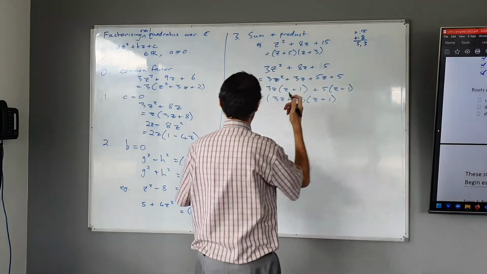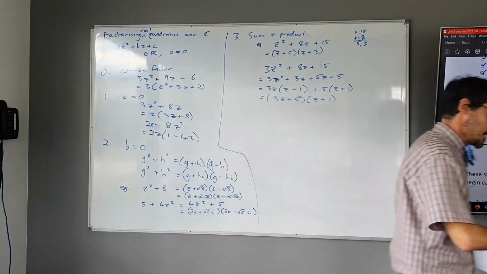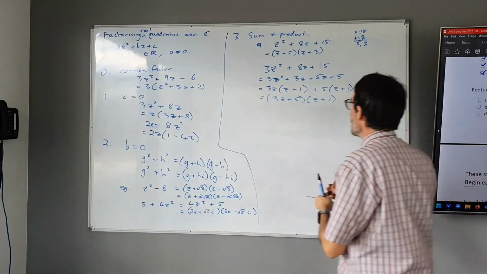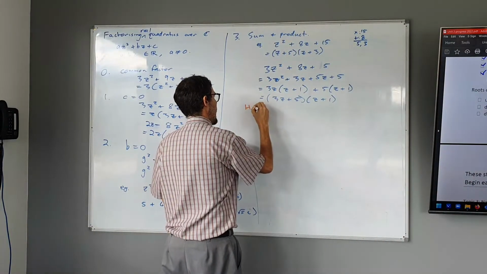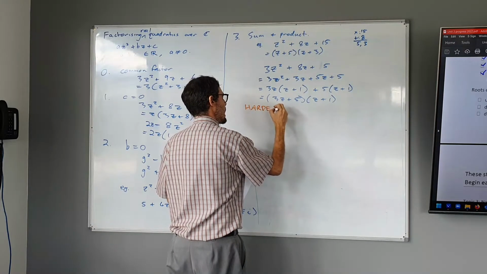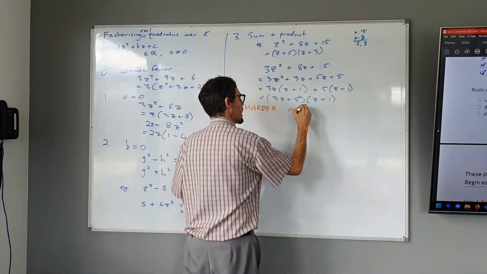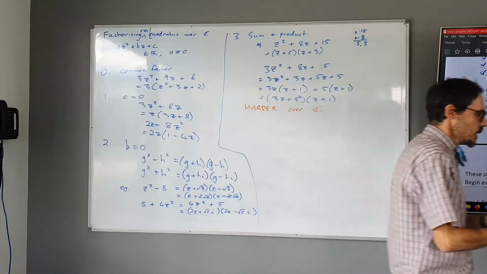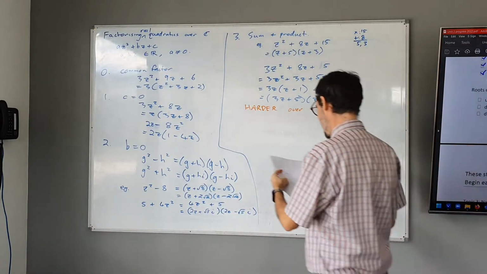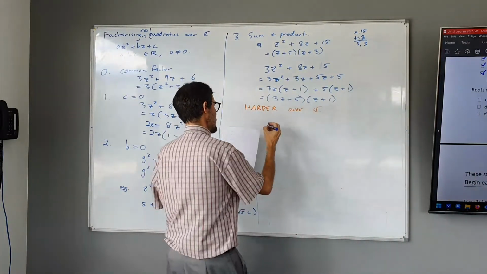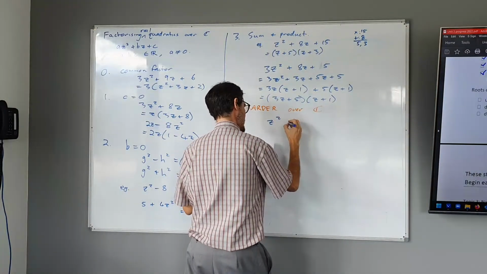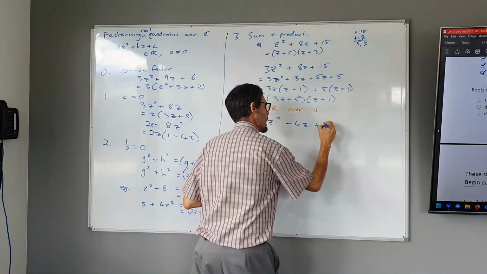What about this one? I'm going to go harder, over C. Not impossible, but much harder. There are some you could do. For example, z squared minus 4z plus 5.